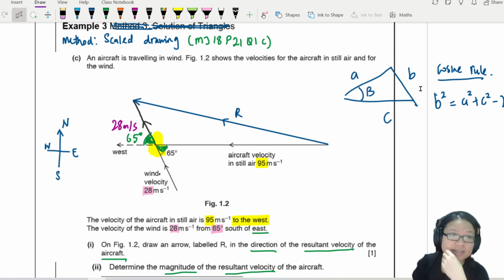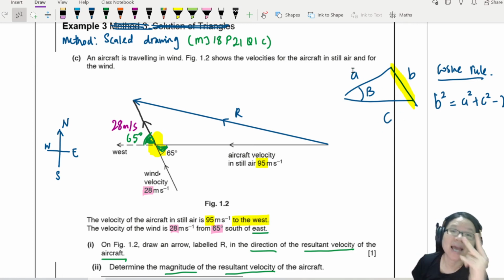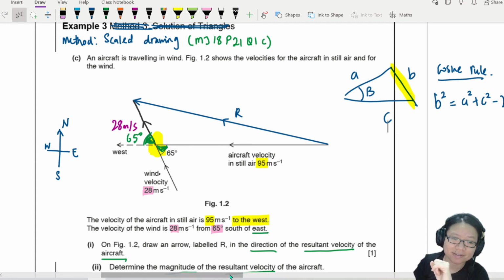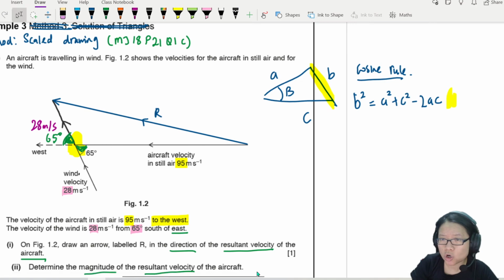I want to find this length B. So this length square is these two sides, A square plus C square, minus 2 times A times C cos B.